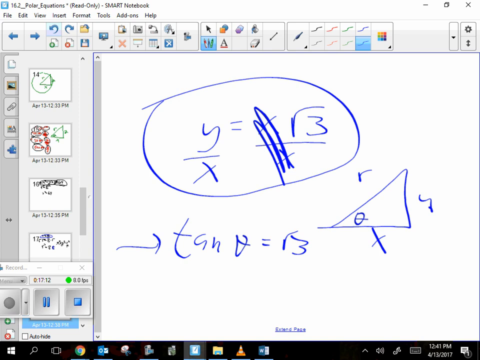What's the only variable left in this thing? Tangent is not a variable. Tangent is a function. The only variable is a theta. Does that sound like r theta? Do you get how this one, all you have left is a theta? And by the way, they usually want it solved for theta. So quick reminder, how do I get tangent off of there? Can I just like cross it off? No. What undoes tangent? Inverse tan.